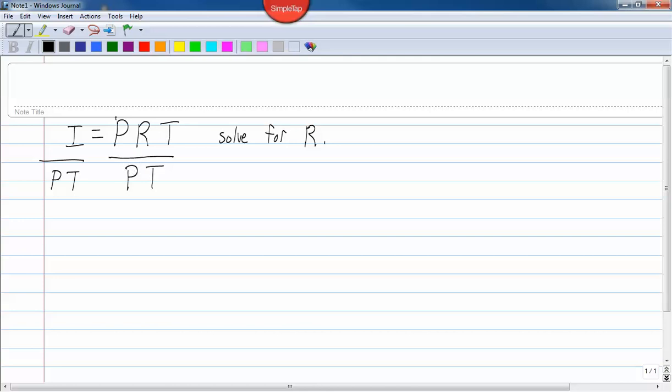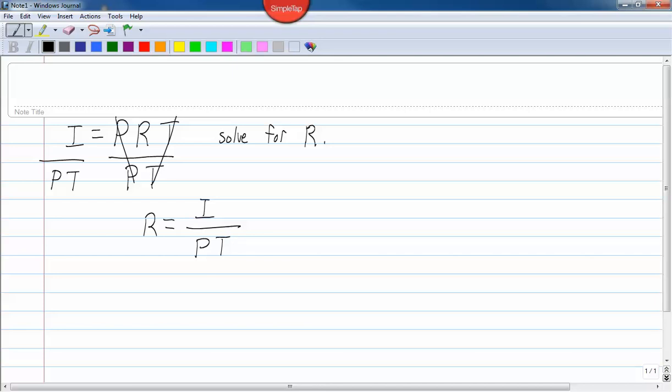So dividing, remember, that'll cancel out. And now we're left with R by itself. So that means we have solved for R. So we have R equals I divided by P times T.